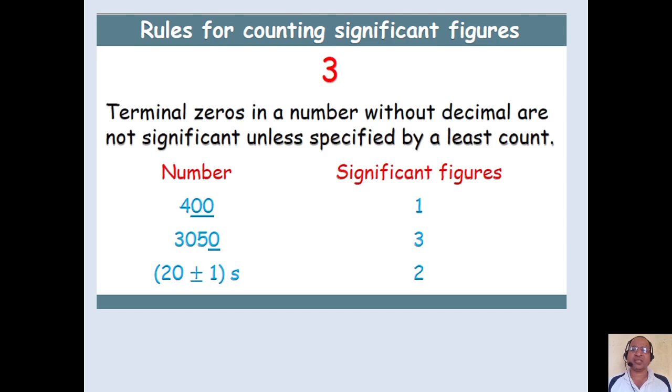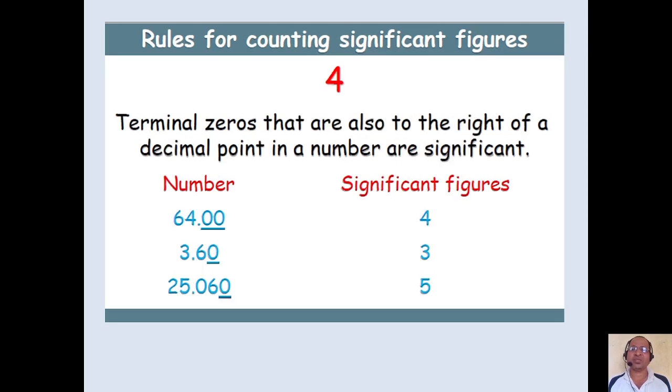In this case, if only 20 is written, then the 0 comes at the terminal last position without a decimal, so it would not be significant. But it is specified by a least count of plus minus 1 second, so it is significant here. So this number has two significant figures.